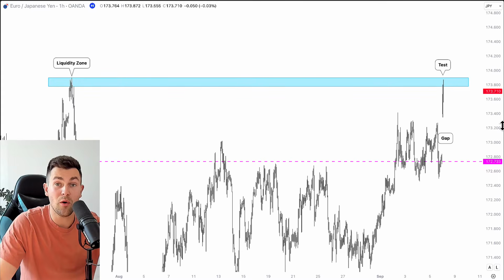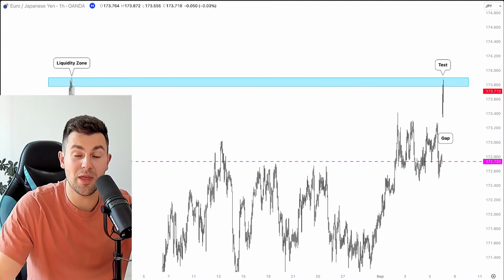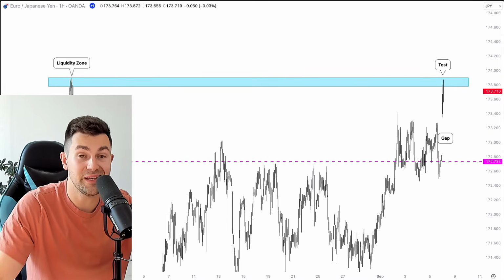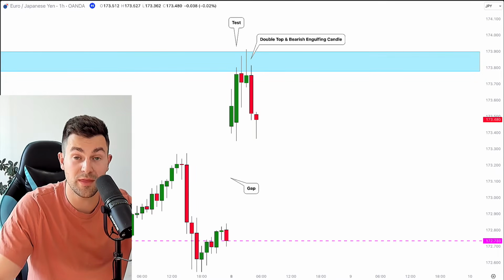And the excess of the market demand that made the market form this gap will be absorbed after a test of that supply zone. But we will not sell blindly from that supply zone. After we see its test, our next task will be to wait for a confirmation signal. After a test of a supply zone, we need to monitor a price action within that and look for a clear sign of strength of the sellers.